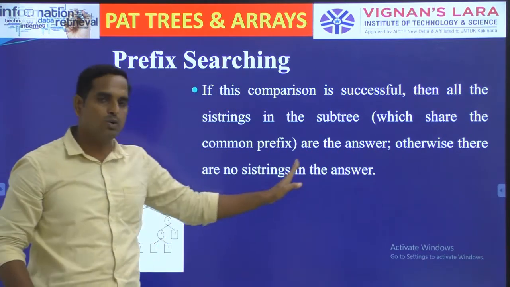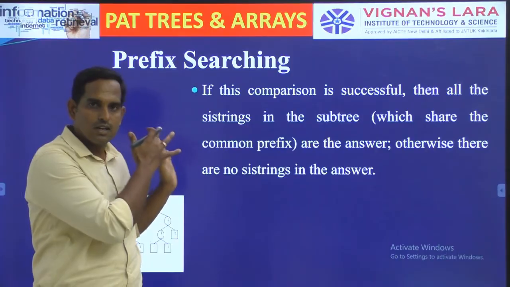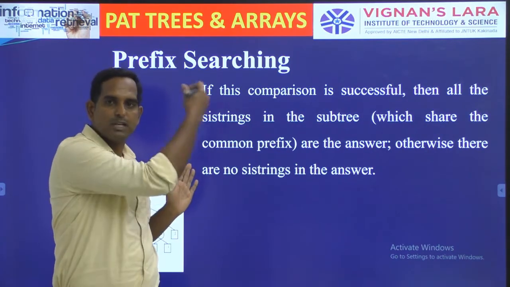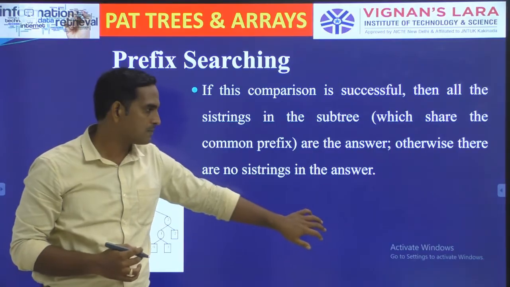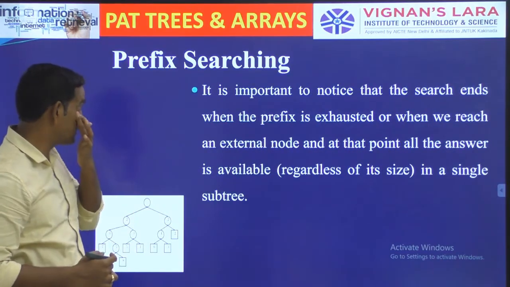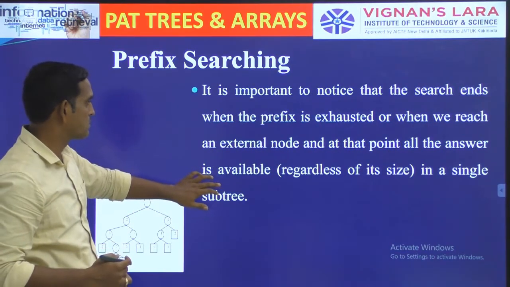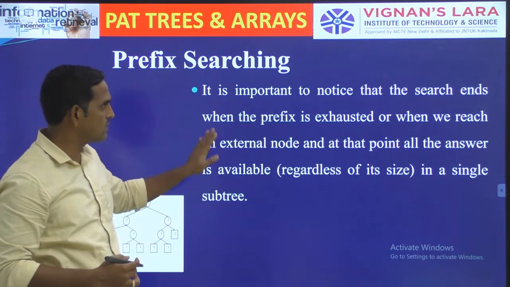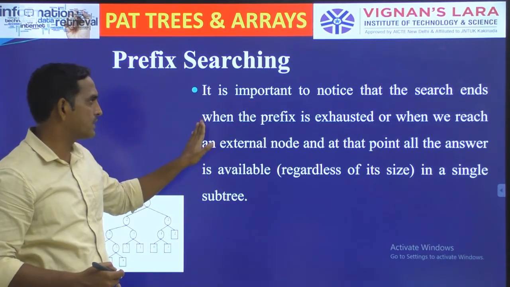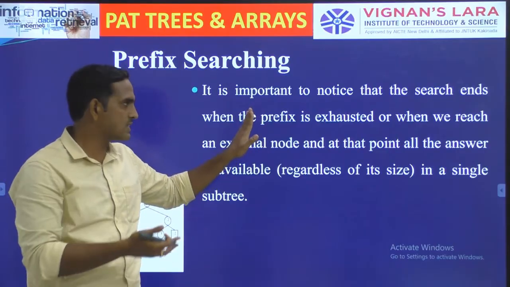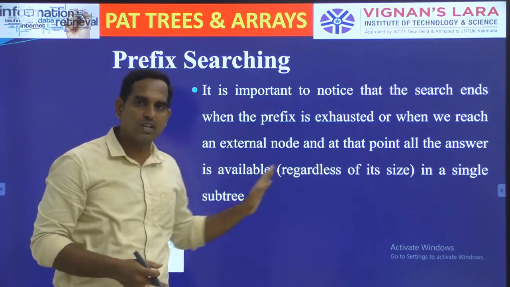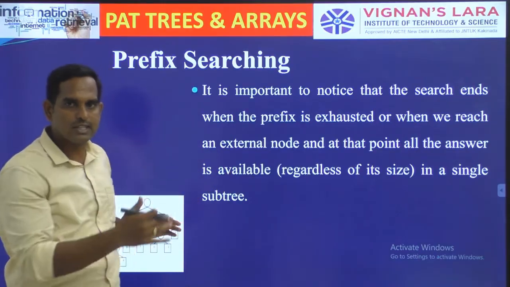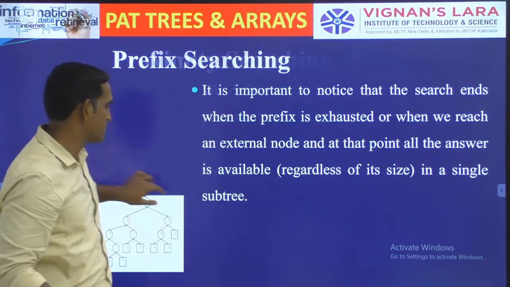Otherwise, there will be no strings in the complete pattern with the particular prefix. This is about your prefix searching. Either your prefix is exhausted when you reach one of the external nodes, or you end at one of the internal nodes where the subtree is your answer.